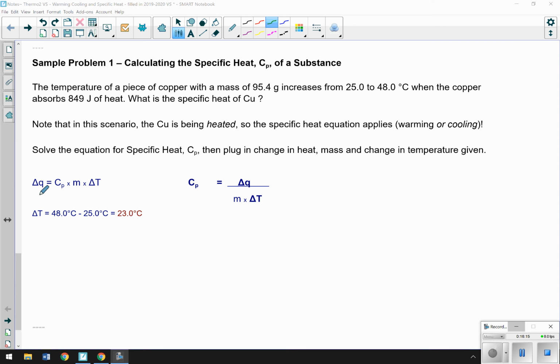And the specific heat equation again is repeated here. All right. And so actually you can use the specific heat equation to determine this physical property for a substance. And all you really have to do to determine the specific heat of something is get a known measured amount of it, add some heat to it.